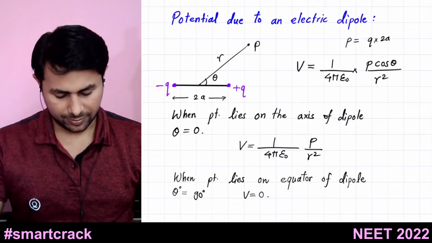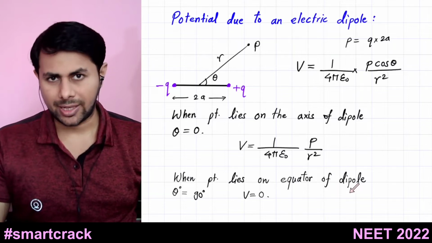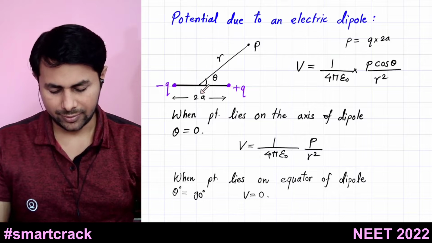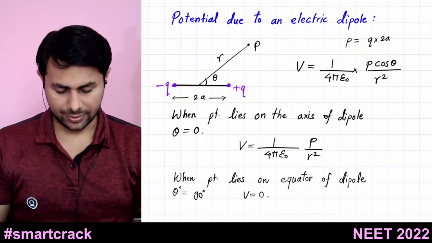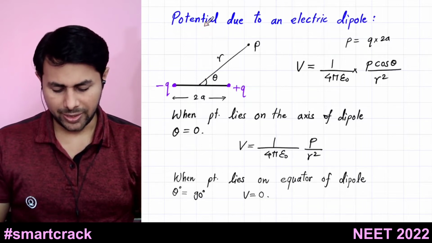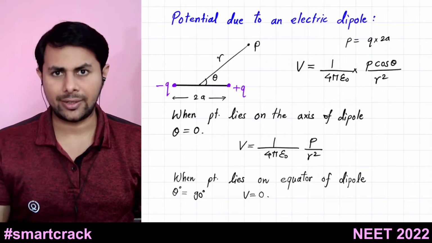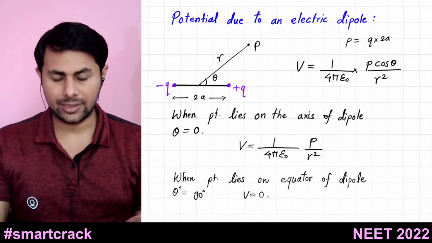And then when the point lies on the equator of the dipole, okay, the equatorial line, a line which is perpendicular to the dipole and passing through its center. If you take the point anywhere on the equator, then theta will be equal to what? 90 degrees, because the angle between the axis and the equator is 90 degrees.